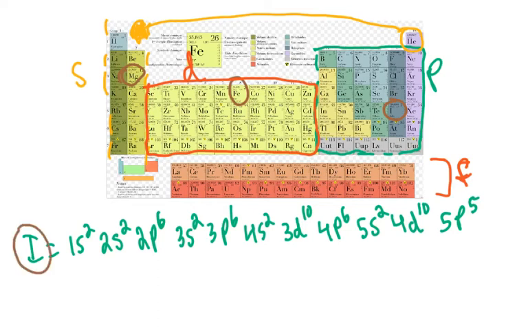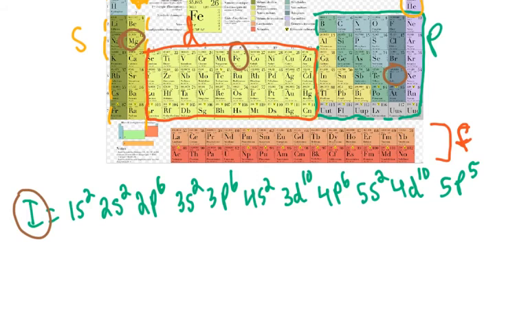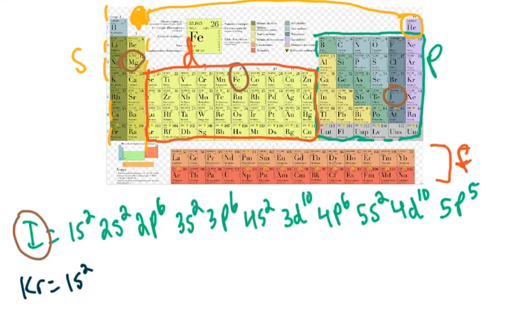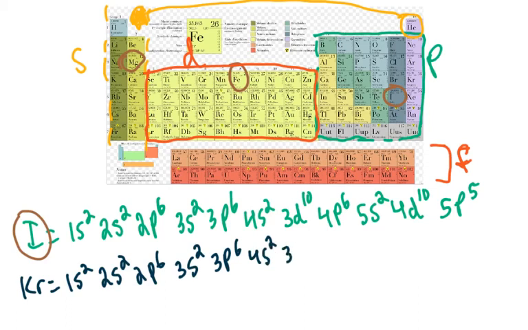Krypton's electron configuration is, right, we have 1s2, and again we have to go through the whole periodic table: 2s2, 2p, our 3rd energy level s orbital, our 3rd energy level p orbital, 3p6, so we're at argon, and then 4s2, we're at calcium, and then 3d10, we're at zinc, and then 4p6, and we're at krypton, right?